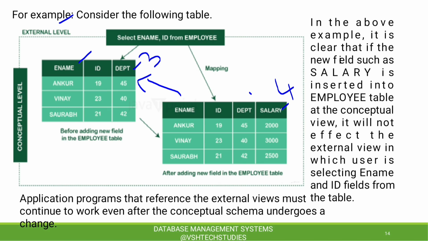If the user is viewing ename and id, even after adding one column, he can have the same view. So if you make any modifications at the conceptual level, there is no necessity of altering the higher level, that is the view level. That is called logical data independence.